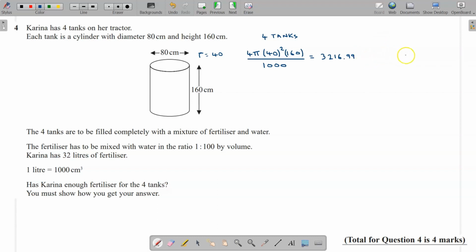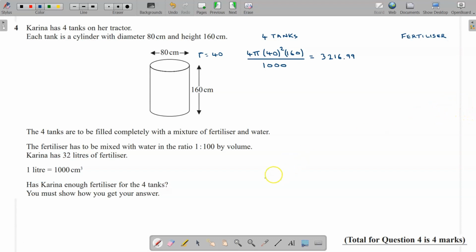And I'm now going to work out over here the fertilizer. Okay, the actual volume of fertilizer. Now we have to be careful here because of course this is going to be made up in the ratio 1 to 100. So there's actually 101 parts.